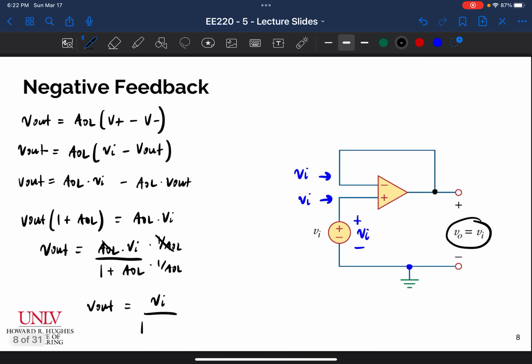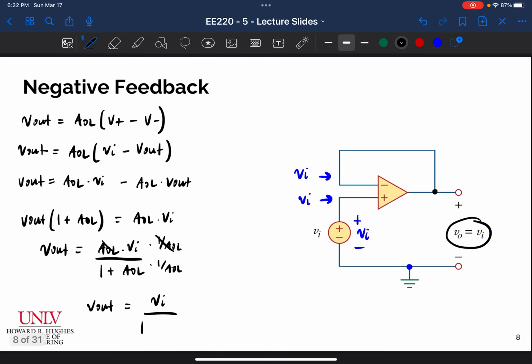And so let's just say I had an example here where AOL is 100,000, something like that, and then let's say that V in is 5 volts, and I want to know what V out is in this case. Let's go ahead and plug it in. V out is going to be equal to 5 volts divided by 1 plus 1 over 100,000.